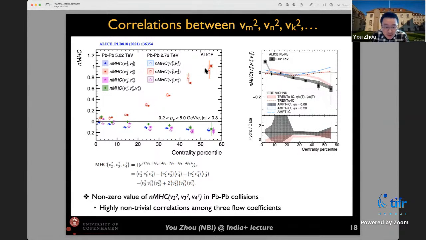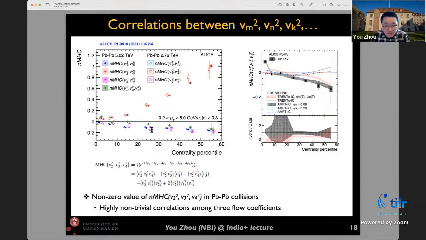Again, on the left-hand side, I show you the measurements, very similar to the asymmetric cumulants. Now we relate to the mixed harmonic cumulants. So the red is the V2 V4 correlation, but right now measured at 5.02 TeV, where we have much more data than at lower energy. So you can see the measurements are very, very precise.